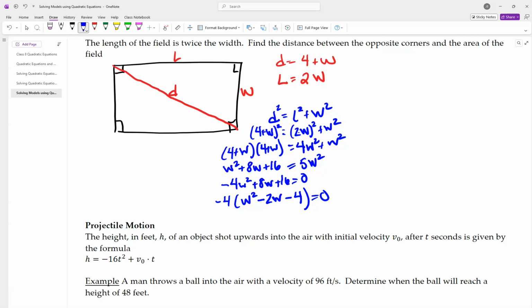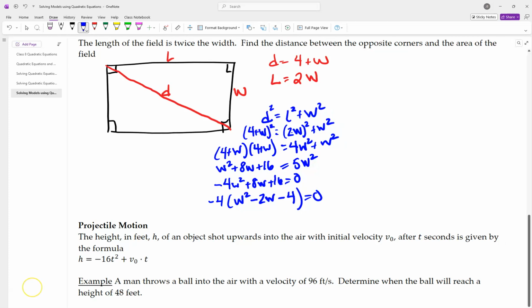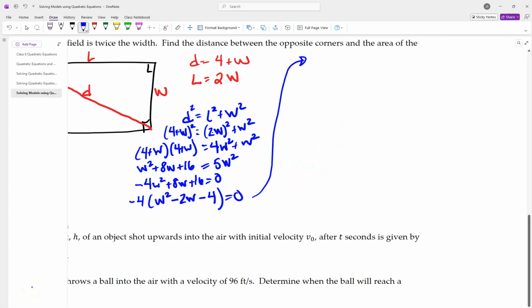Okay, and now I have to solve this, and I think there's no good way to factor that, if I'm thinking correctly in my head. And so then I need to solve it using the quadratic formula. Oh, yay. So W equals negative B plus or minus the square root of B, which is negative 2, so B squared minus 4 times A, which is 1, times C, so that's minus 4, all over 2 times 1.